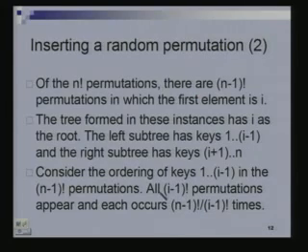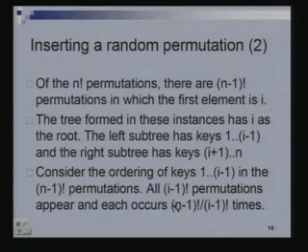But this is a simpler argument. There are n minus 1 factorial permutations in all, and there are i minus 1 factorial permutations of these elements 1 through i minus 1, and there is no reason why one of those permutations should be more likely than the other. They will all occur the same number of times, it is symmetric after all. So, each permutation of these elements is occurring exactly so many times.